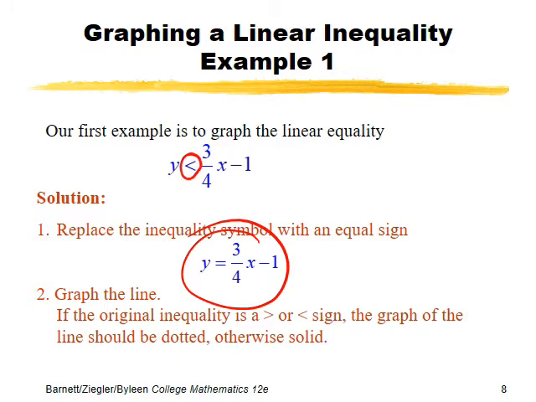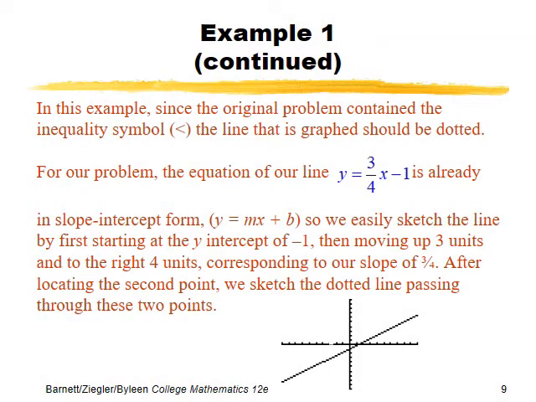If we have only less than or greater than form, then we make a dotted graph, not a solid line. Because we had a less than sign, we made its dotted graph.